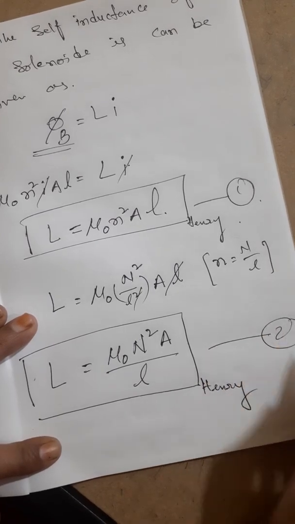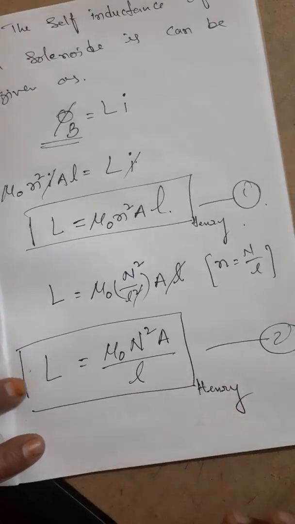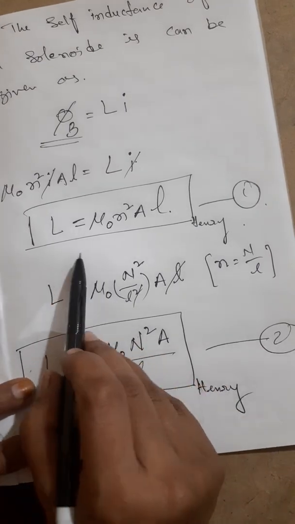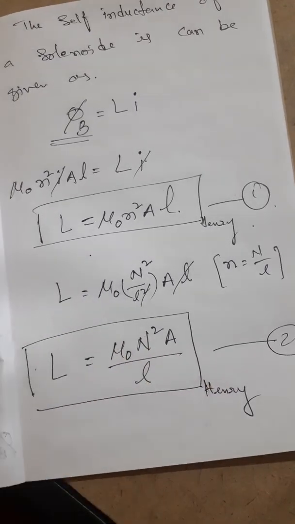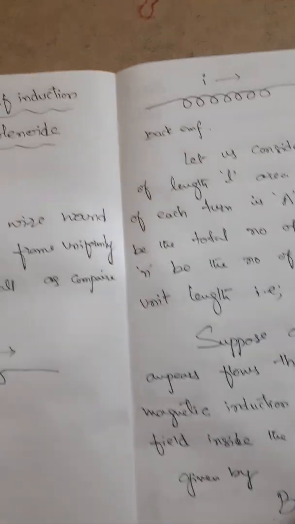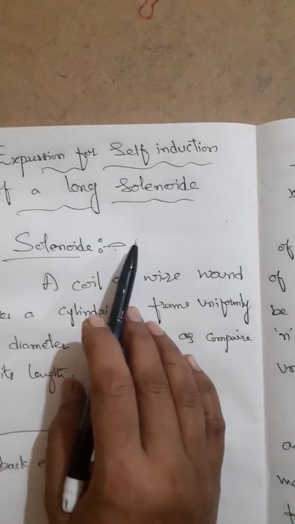Just take this as equation 2. So this is the self induction of a long solenoid.